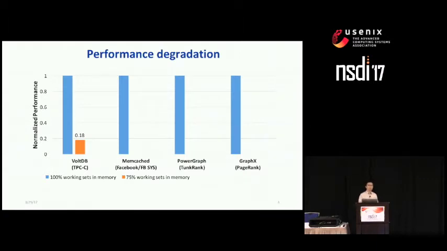As we can see, for VoltDB, its performance drops disproportionately. We only removed 25% of its memory, but its performance drops over 80%. This also happens for MemCached. Its remaining performance is less than 50% of its peak performance in this case.